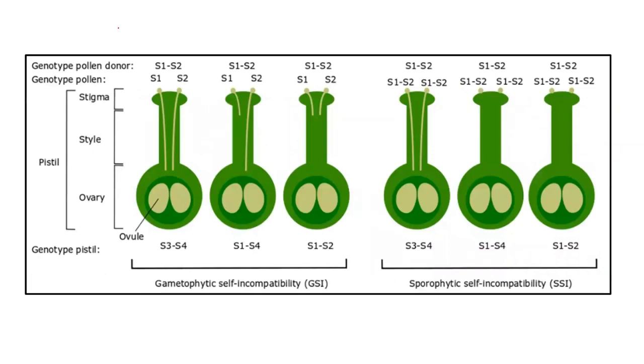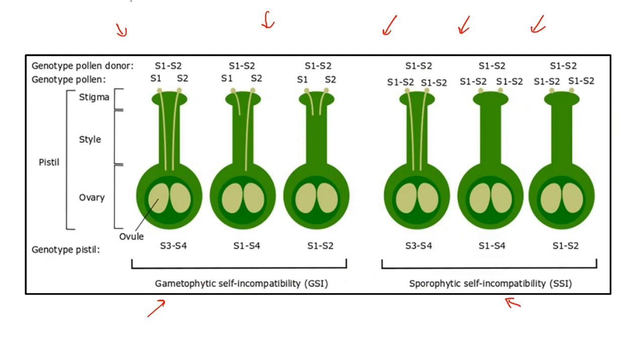Let us now talk about self incompatibility, which is very important. These are of two types: gametophytic and sporophytic self incompatibility, and you should know the mechanism, how the alleles that are present at a locus are involved in self incompatibility, so that the plant is promoted for cross pollination.